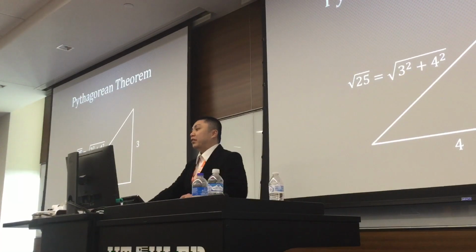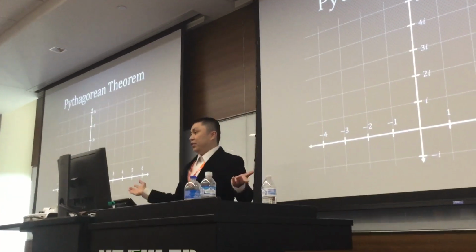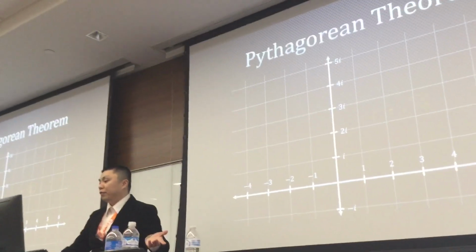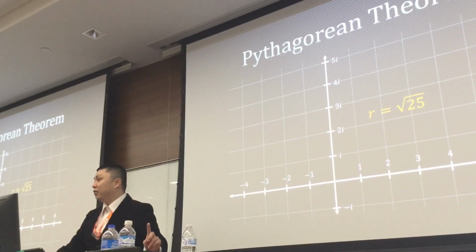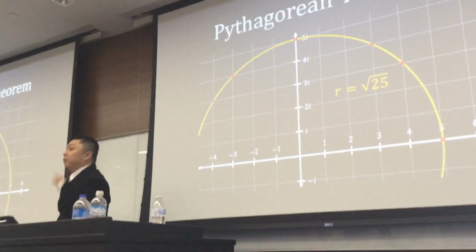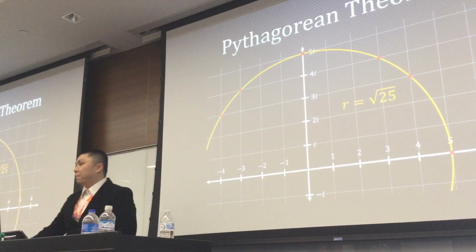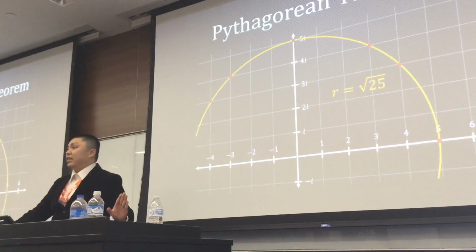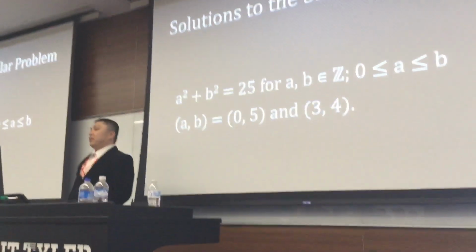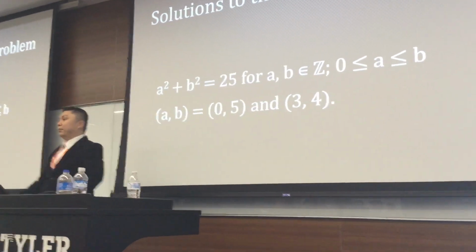Or if I draw it in a Cartesian plane, 25 is the radius squared of a circle, radius the square root of 25. So I'm going to draw a circle, and all the lattice points passing through the circumference will be my solution set. And removing the redundancy, the symmetry, the answer for the easy part is 0, 5 or 3, 4.